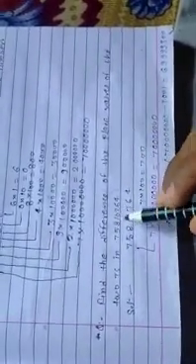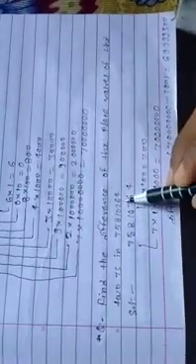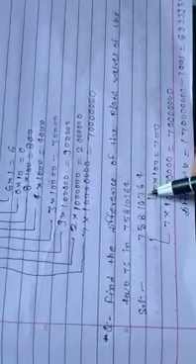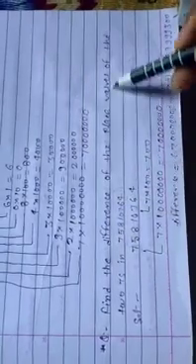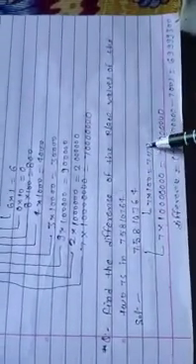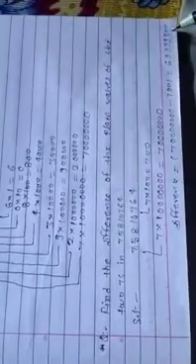If you take the first 7, it is at the 100's place, that's why its place value will be 7 into 100, that is 700. And in the other number 7 is at the crore place, that's why its place value will be 7 into 1 crore, that is 7 crore. Now we have to find the difference of the place values, so we subtract both these numbers, that is 7 crore minus 700, and then the result is that.